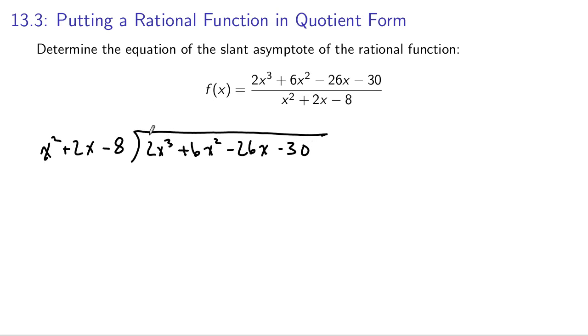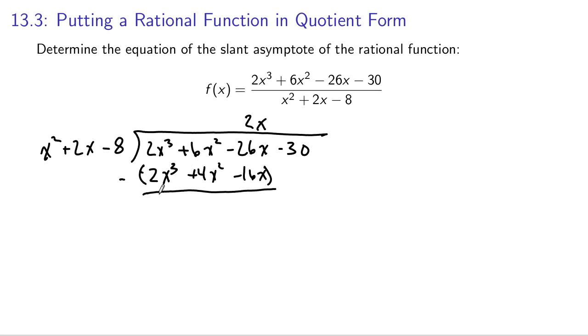So we have to multiply by 2x to get 2x cubed. When multiplied by x squared, that would go over the x. So 2x cubed, 2x times 2x is 4x squared, minus 16x, subtracting. And I always put these parentheses to remind me that it's subtracting, each entry is subtracted.